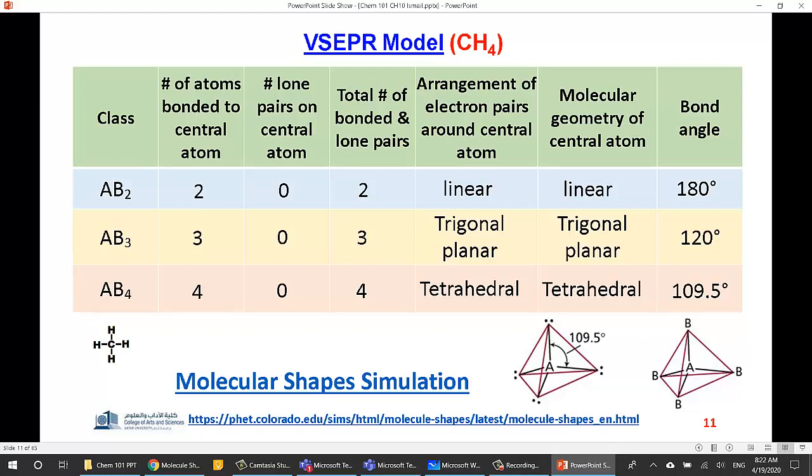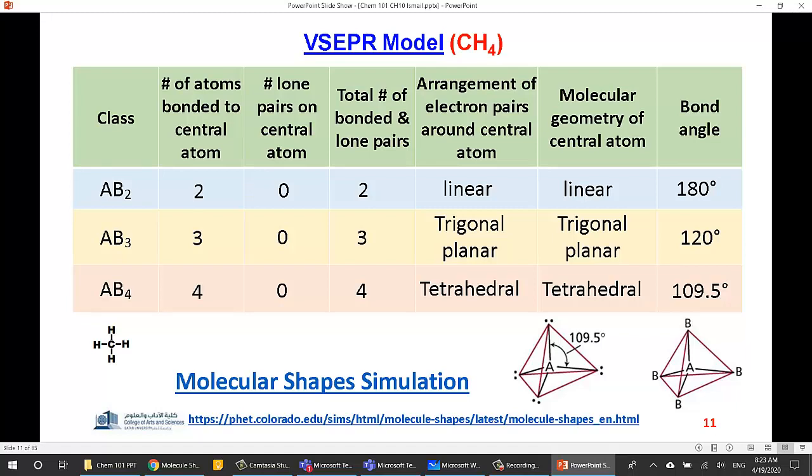There are five families, so we are only studying three here. We have linear, trigonal planar, and tetrahedral, and each family has some kids, or some shapes. The linear has only one kid or one shape, which is linear. Trigonal planar has two shapes, and tetrahedral has three shapes.